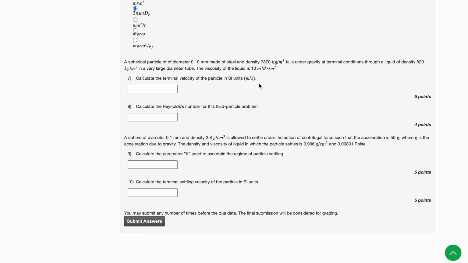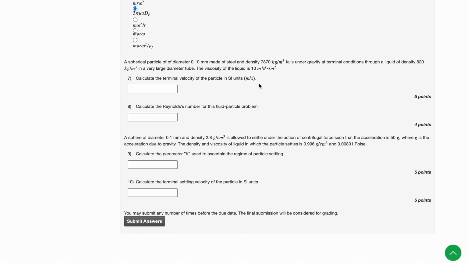So dp is equal to 0.1 millimeter, 10 raised to minus 4 meter, and the radius of the particle is 5 into 10 raised to minus 5 meter. Density rho p is equal to 2.8 gram per centimeter cube, that means 2.8 into 10 cube kg meter to the power minus 3.